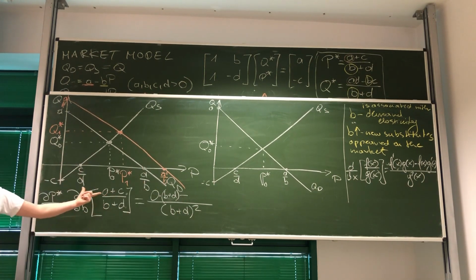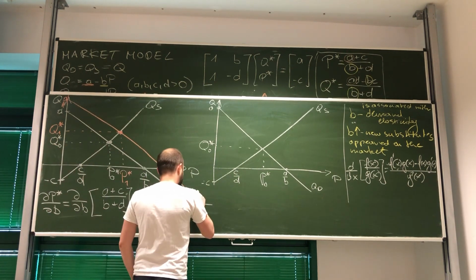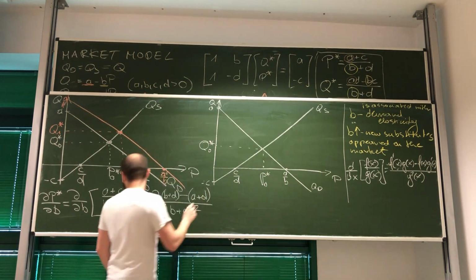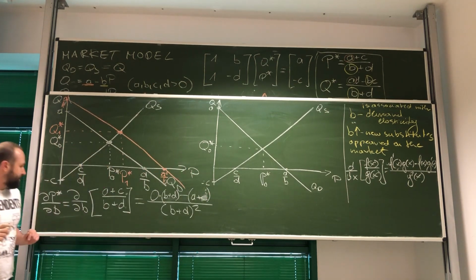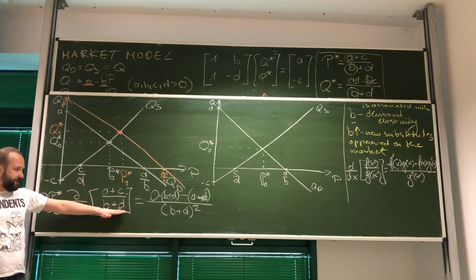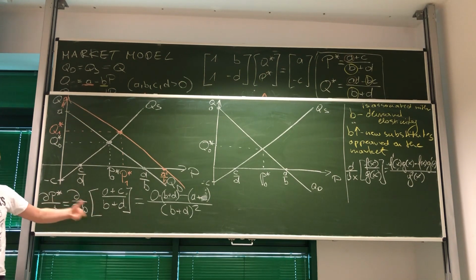The first part now stays the same. Oh, I'm sorry, a plus c. And the derivative of this with respect to b, right? But look, d is treated as constant, the derivative of b is just 1.